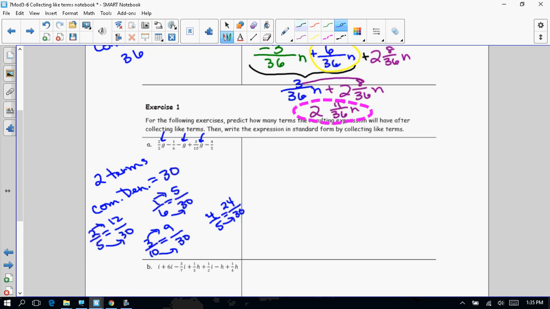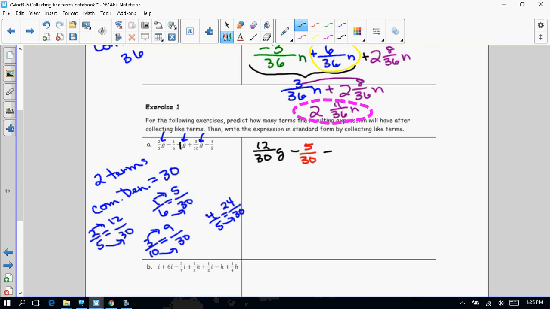All right, here we go. So 2/5 G became 12/30 G, minus 1/6 became 5/30, no G on that one, minus a G. Well, that's just a 1G, right?